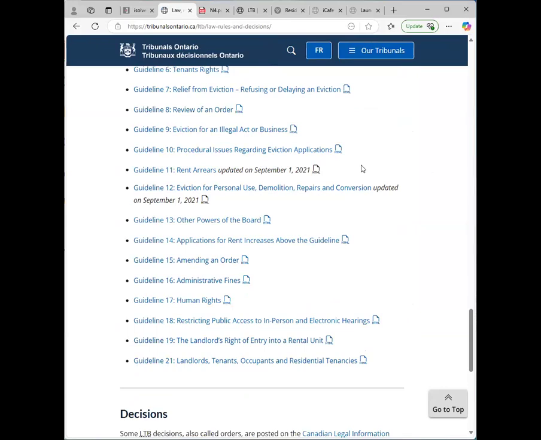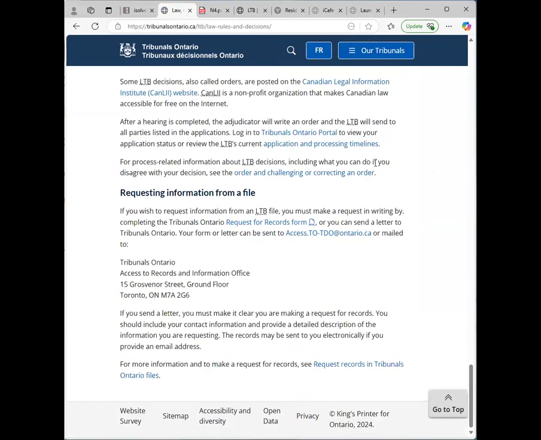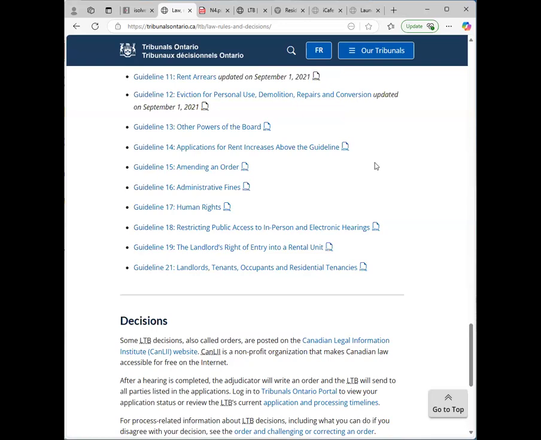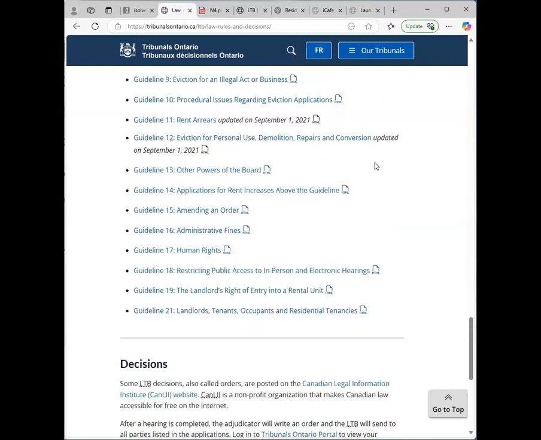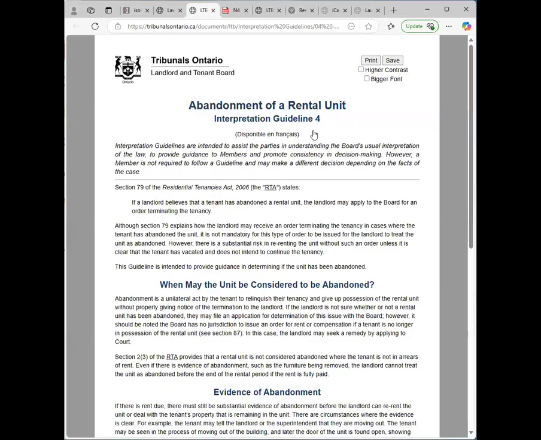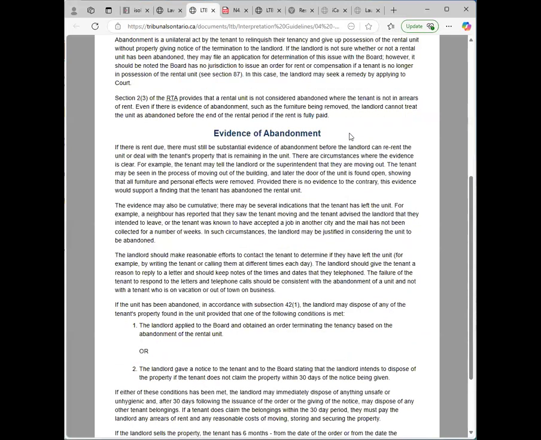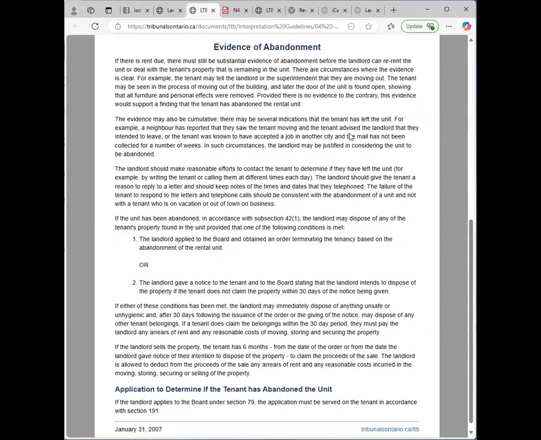I'm just looking at the very end. Decisions. That's right. Abandonment of a rental unit. I think this is the same guideline I have before. Yes. Okay, so it explains further. So yeah. Okay, this is part of the private property part. I just went too fast.